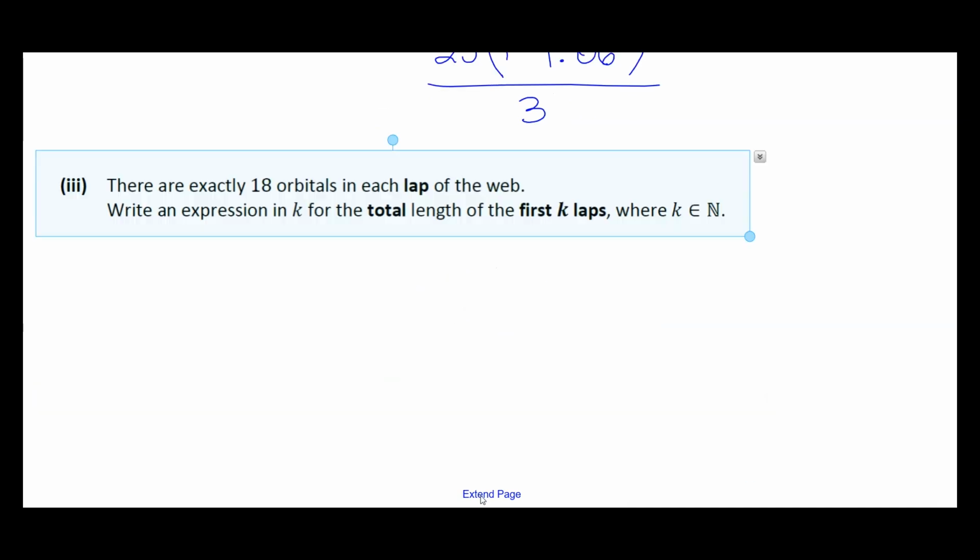There are exactly 18 orbitals in each lap of the web. Write an expression in k for the total length of the first k laps, where k belongs to the natural numbers.